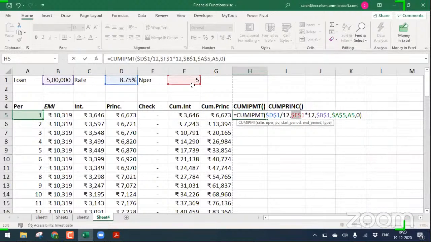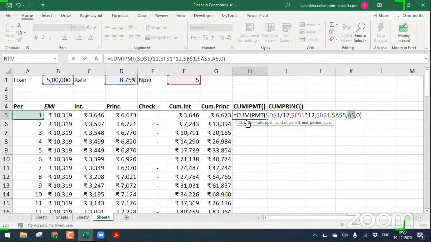Number of periods I should freeze because it should not change. Then present value I should freeze because it should not change. Even the starting period I froze because that should not change. But I did not freeze this. I did not give any dollar symbol here because when I copy and paste, that should automatically take 2, that should automatically take 3, that should automatically take 4.